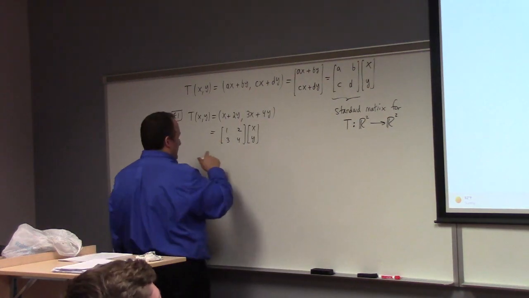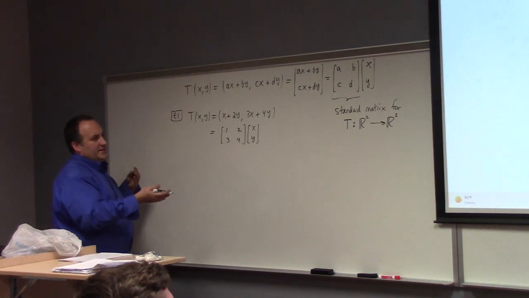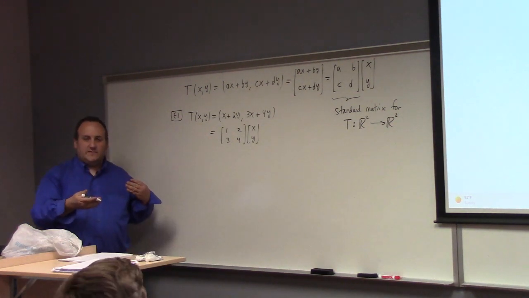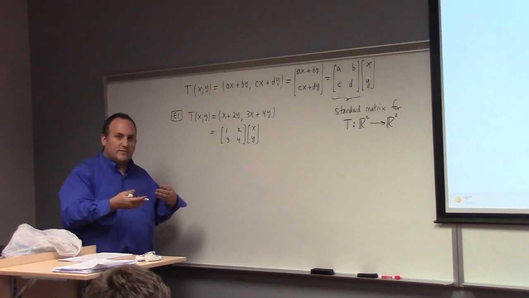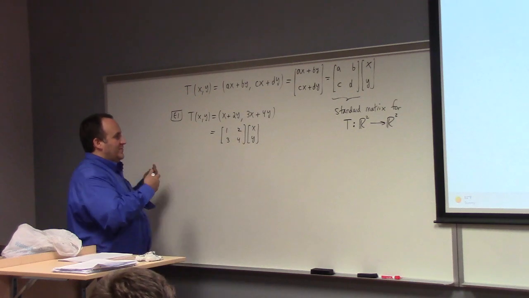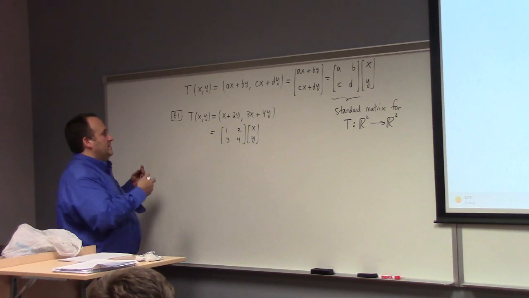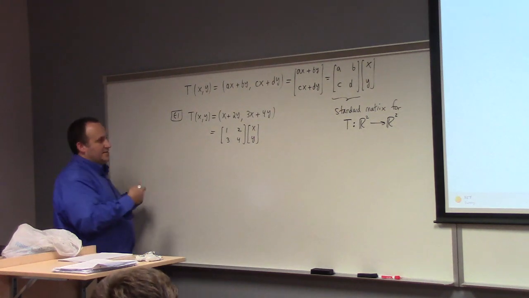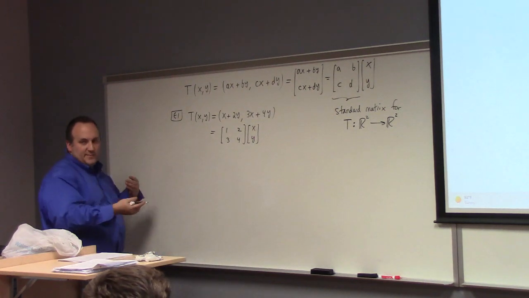So, you see, of course, we can think of R2 as being the complex number system, right? So there's a natural question to ask here, which is, what happens if you let the formula not just be a matrix multiplication, but multiplication by a complex number?